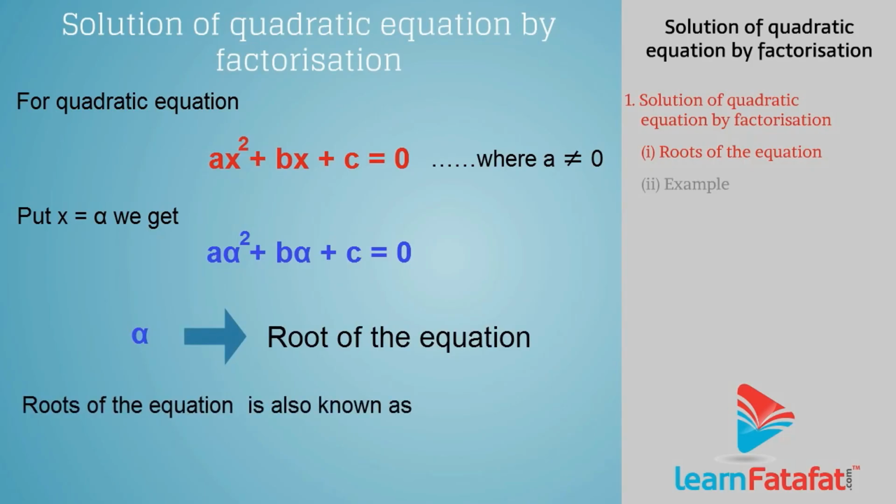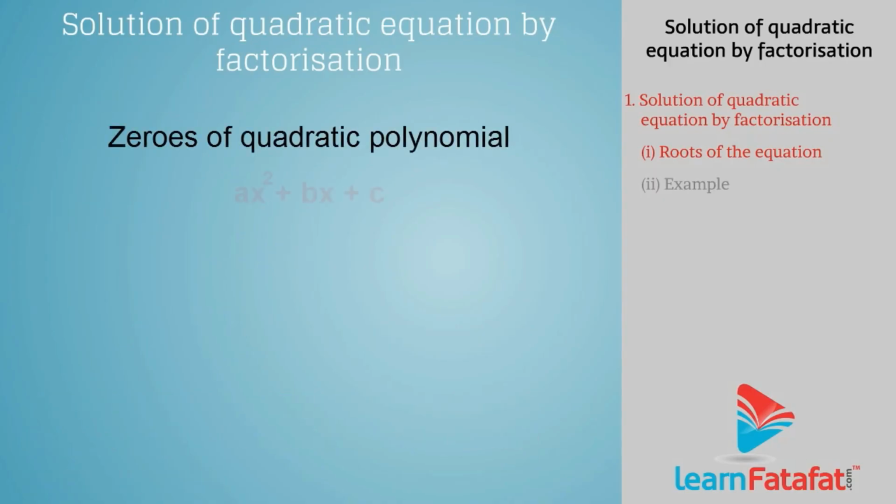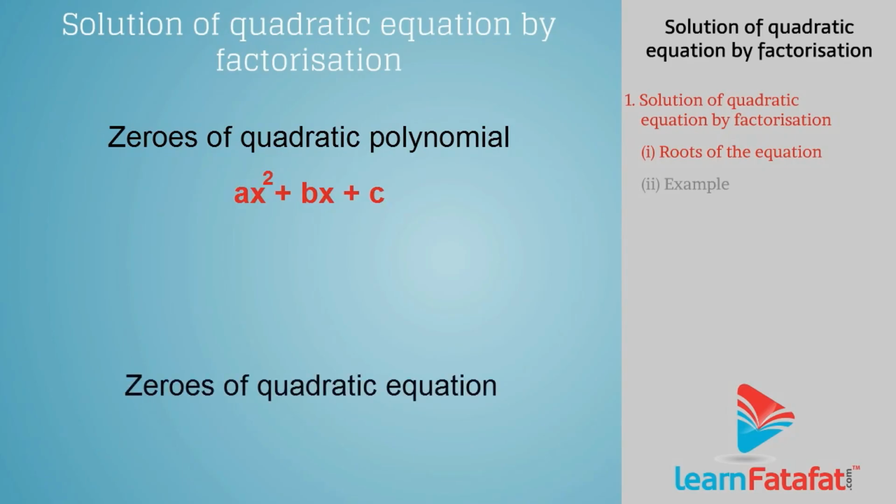Roots of the equation are also known as solutions of quadratic equation. Quadratic equations can have maximum 2 roots. Zeros of quadratic polynomial ax square plus bx plus c and zeros of quadratic equation ax square plus bx plus c is equal to 0 are same.